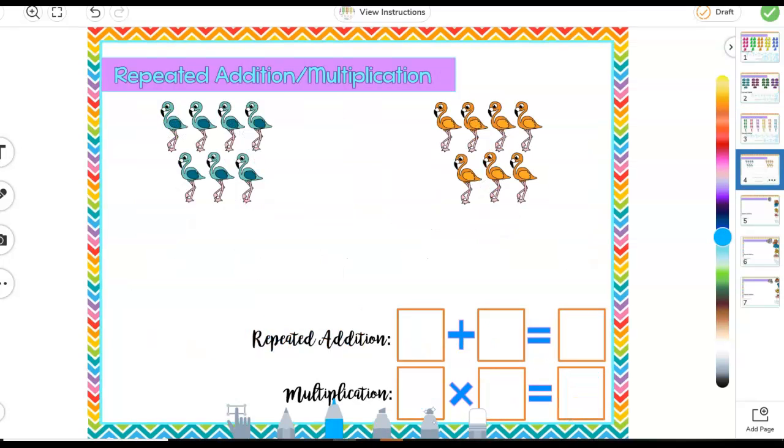All right, last one. Who wants to tell me, or who wants to come up and show me? All right, Javea. This is the last one, and then we're going to go on to our assignment. So Javea is coming up to the board, and she's going to give me the number sentence for repeated addition and multiplication.